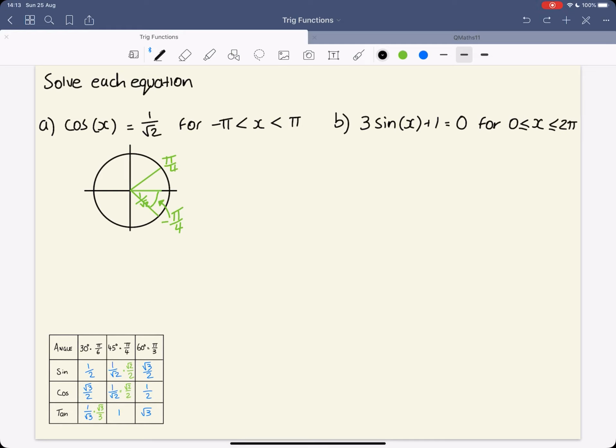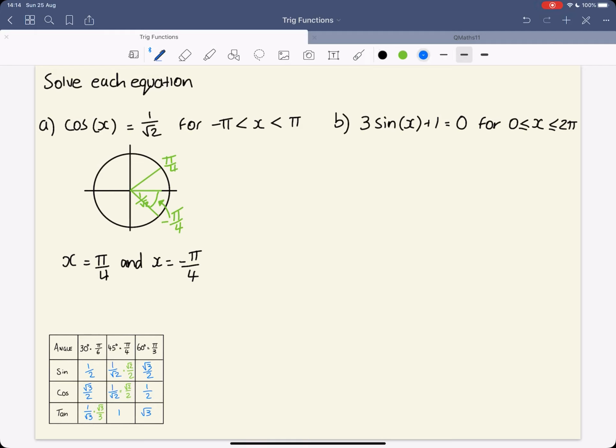Let's write that again. x is equal to, now let's think about it, pi on 4, or, well, it's really not or, it's and, x equals negative pi on 4. They are our two solutions. All right, let's go to our next question now.